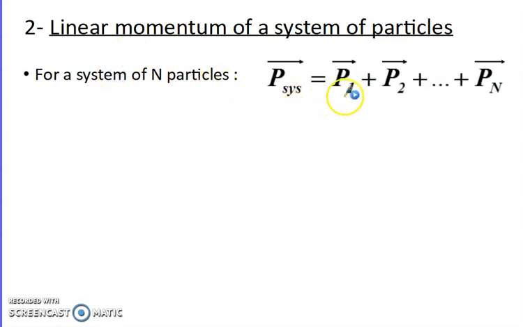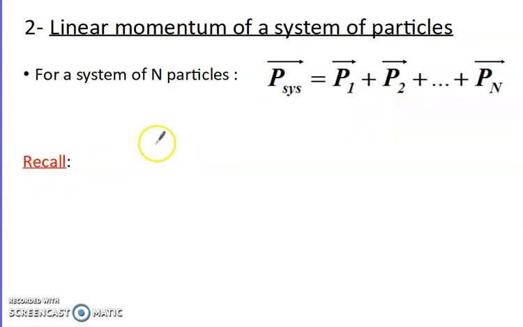P of the system is P1, linear momentum for the first particle, plus P2 for the second particle, plus, up to the last particle. Okay? And don't forget, this is a vector equation, not scalar. You cannot replace numbers directly here instead of these factors.